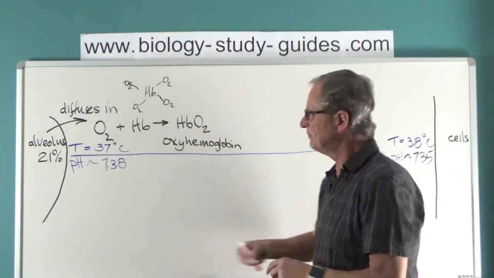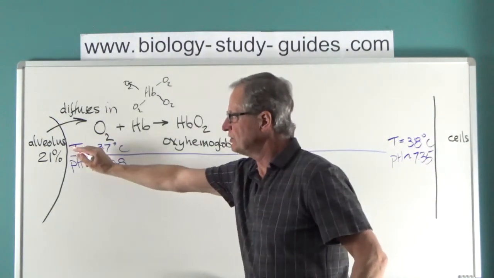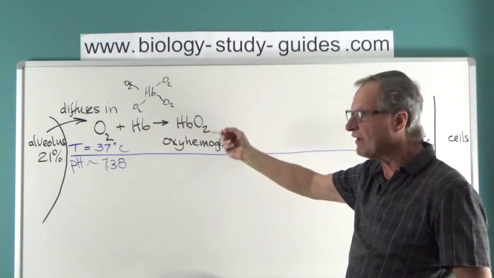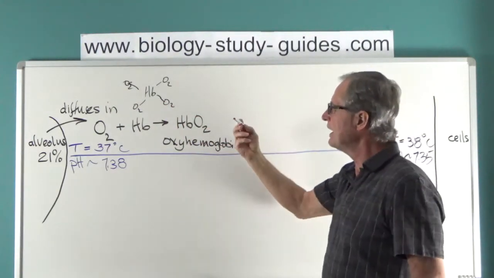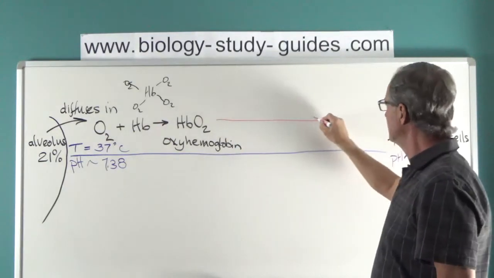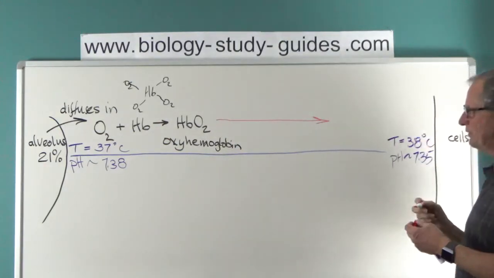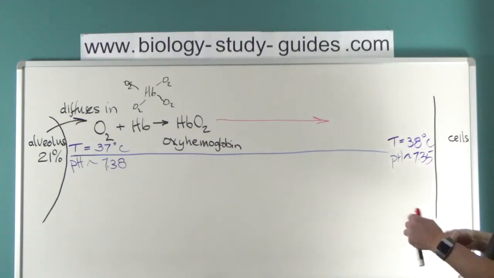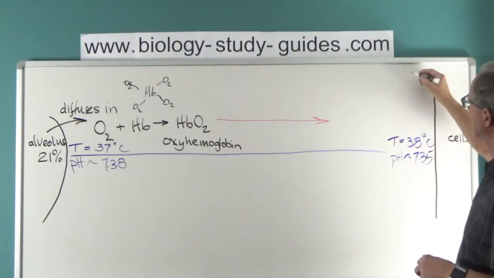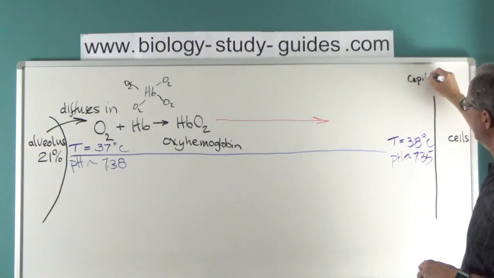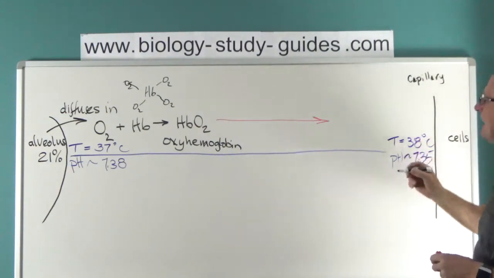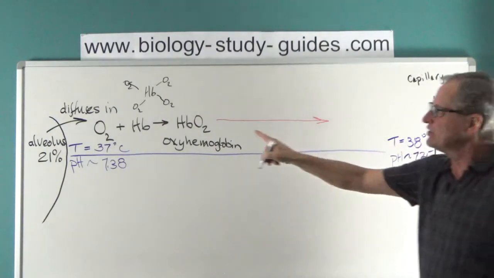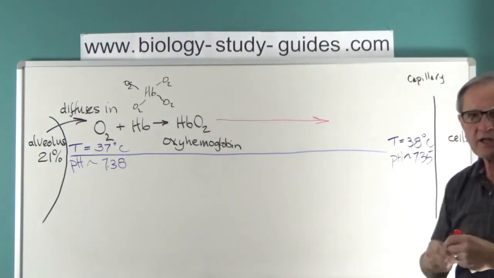The blood flows from the lung tissue through the left atrium, left ventricle of the heart, out the aorta, and onto a tissue capillary, systemic capillary. And that's what this is, the capillary here. What happens at this temperature and this pH is that hemoglobin slightly reconfigures itself.